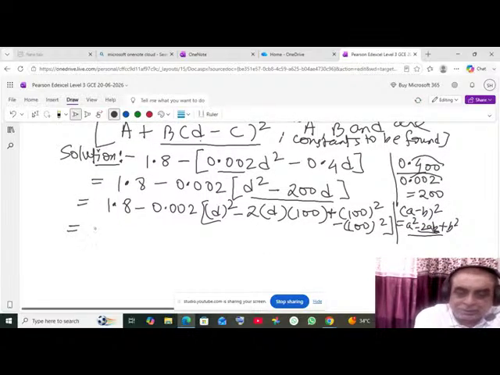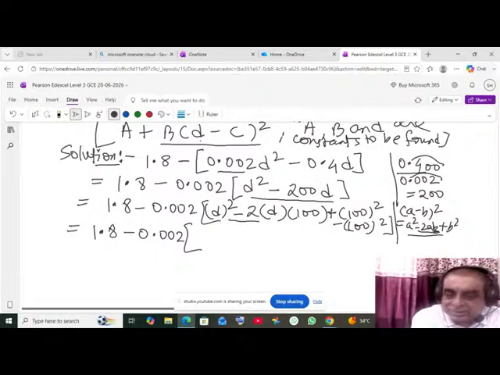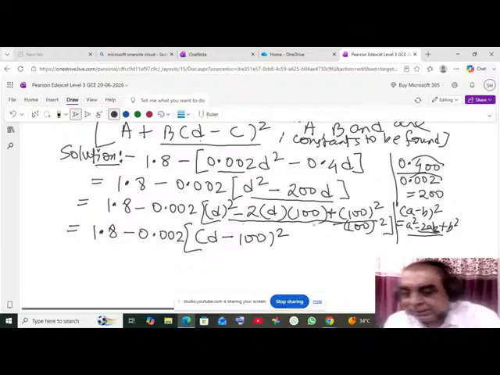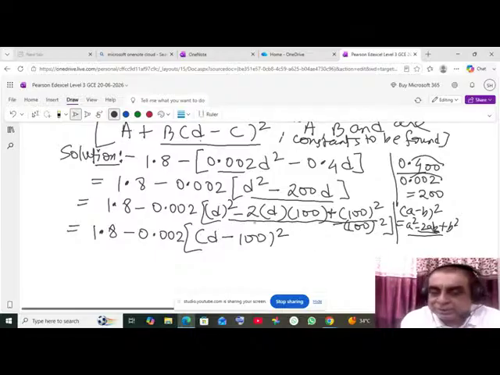Now you simplify it. So this becomes 1.8 minus 0.002 times, and these first three terms we can write like this: d minus 100 whole squared. So d squared minus 2 times d multiplied by 100 plus 100 whole squared can be written as d minus 100 whole squared.